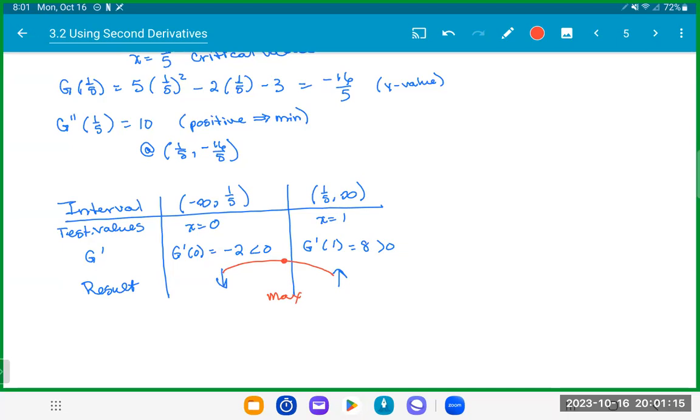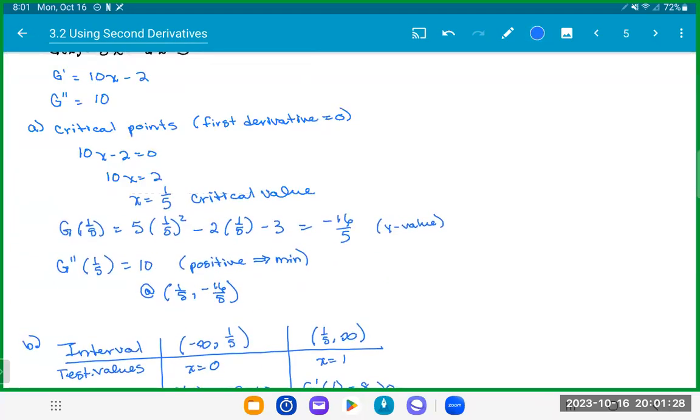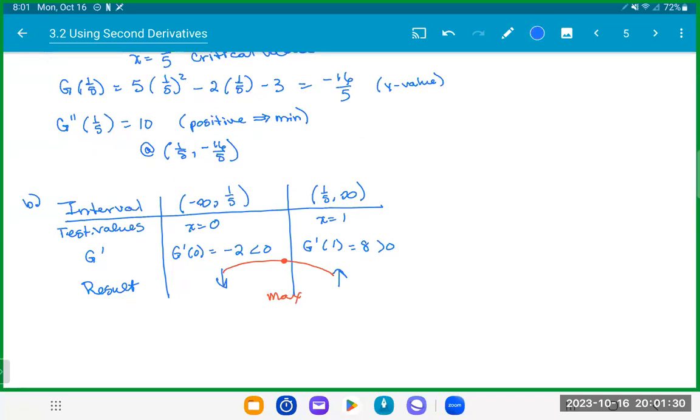And so now we can look for our inflection point. This was part B of the instructions. This was A for the critical values. B is that. Part C, our inflection point. Pen is starting to act up, sorry.